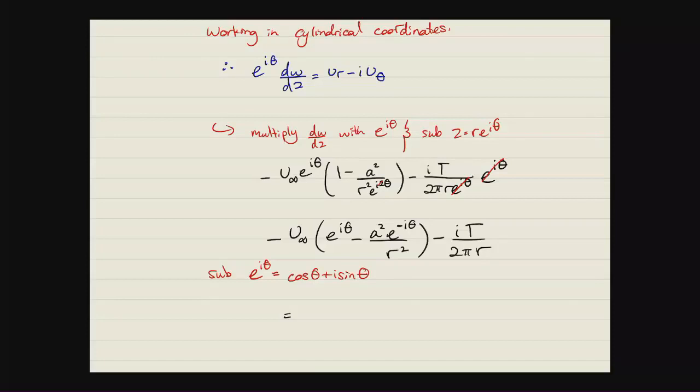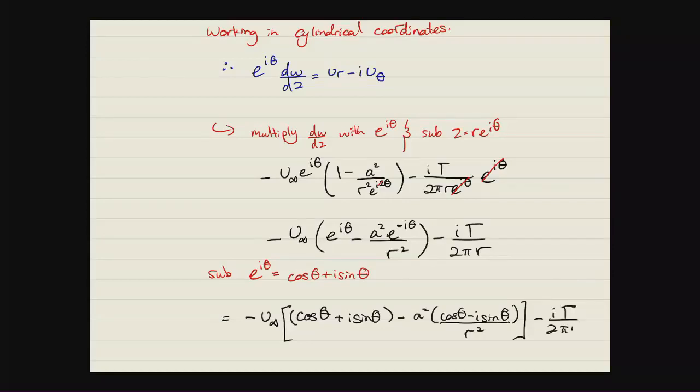So I'm going to get negative U infinity times cosine theta plus i sine theta, minus a squared times cosine theta minus i sine theta, over r squared, minus i gamma over 2 pi r.